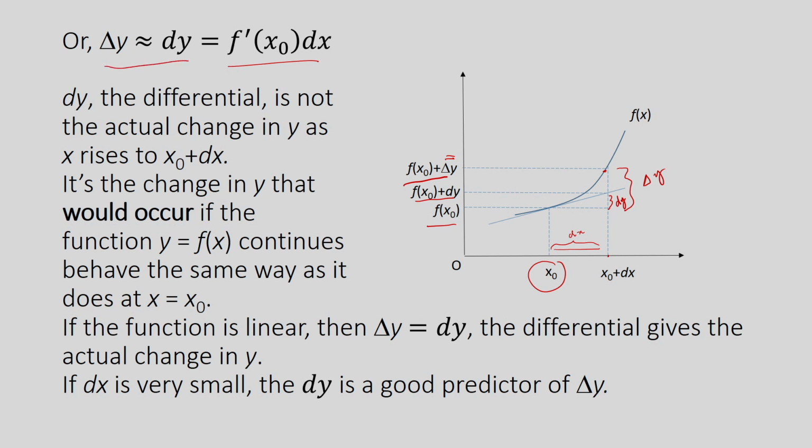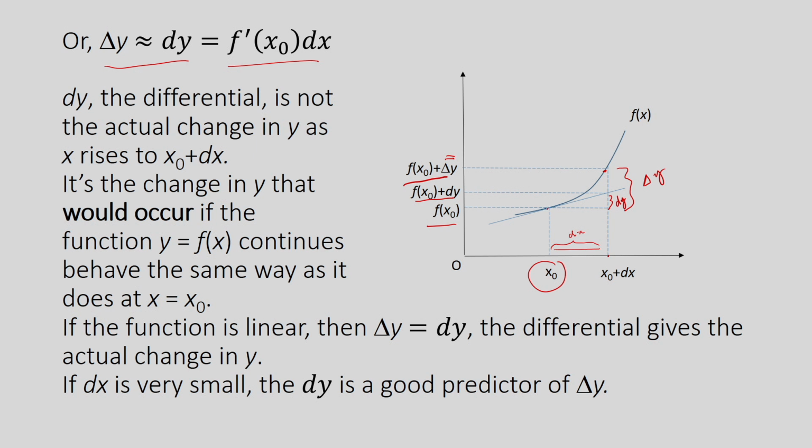So, what is dy? dy, or the differential, is the change in y that would occur if the function y is equal to f(x) continues to behave the same way as it does at x equal to x0.